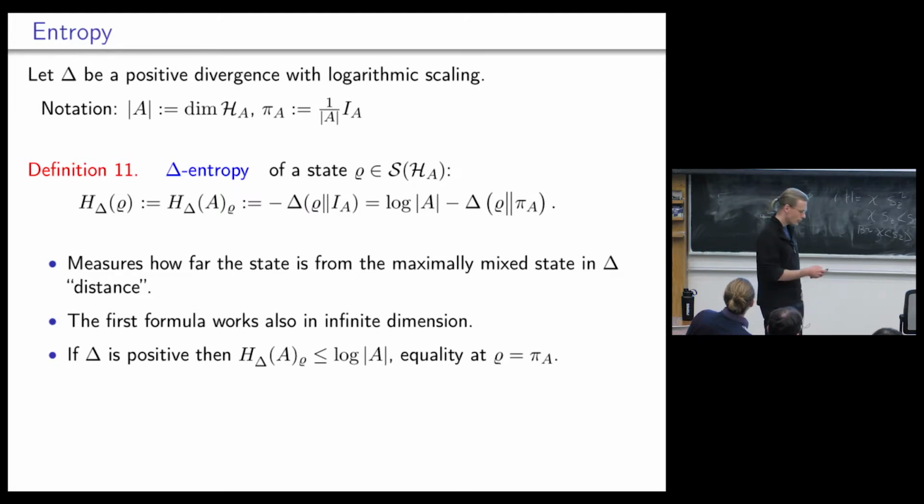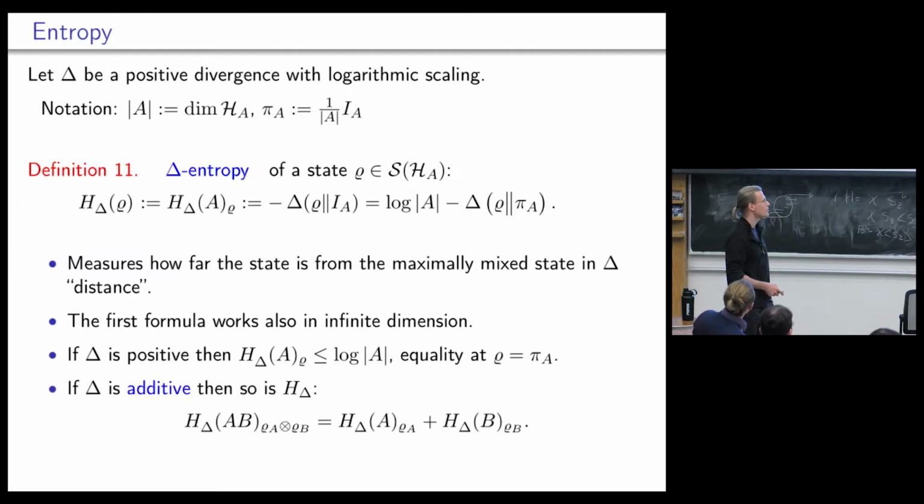Right, and a few properties of these entropies. So if delta is positive, then it's obvious from this formula that the value of the entropy cannot be larger than the logarithm of the dimension of the system, and equality is attained when the state is the maximally mixed state. And a very important property of the entropy, which we call additivity because it's easier to pronounce, just says that on a product state, we get the sum of the entropies.